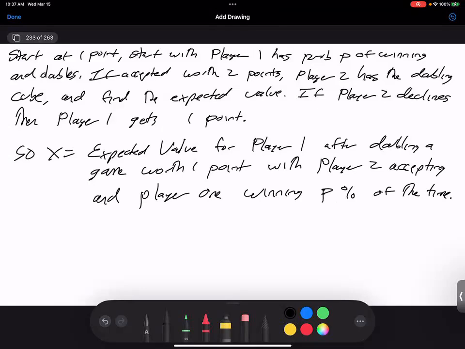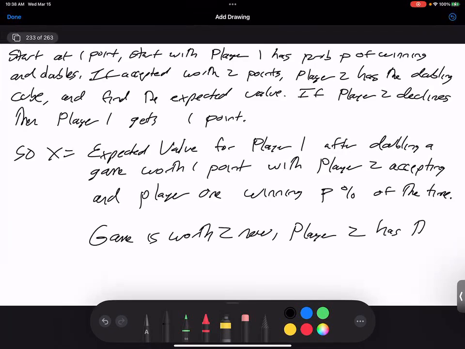Okay. So at this point, the game is actually worth 2 and player 2 has the cube. So game is worth 2 now. Player 2 has the cube.